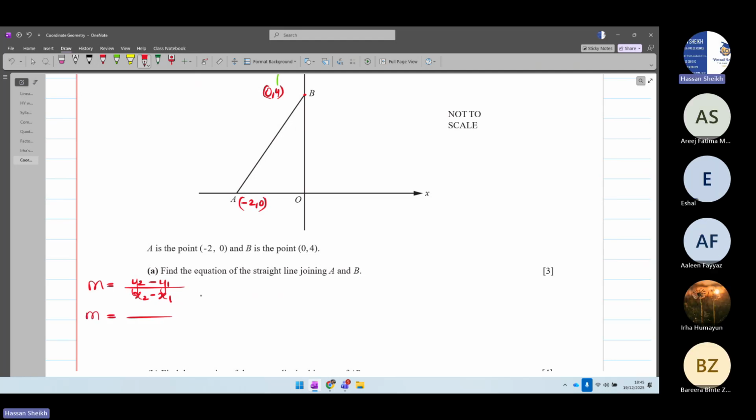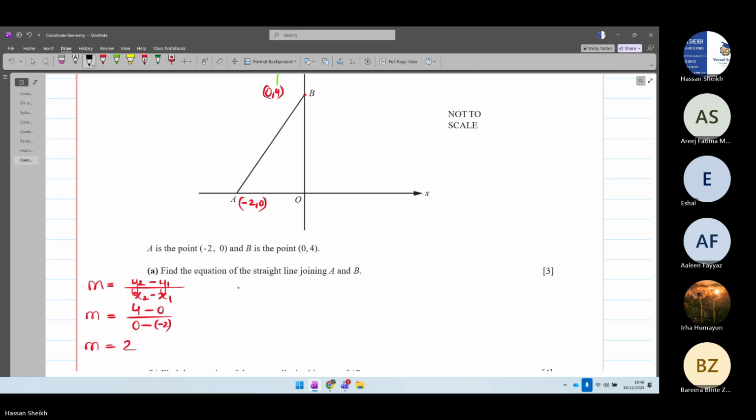Exactly, so it's rise over run. You can take any of the values as x2 and the other as y2. So I'm taking 4 as y2, so 4 minus y1, which must be 0. And since I took 4 as y2, x2 must be 0. 0 minus, what is x1? x1 is minus 2. So the slope comes out to be 4 over plus 2, that is 2.